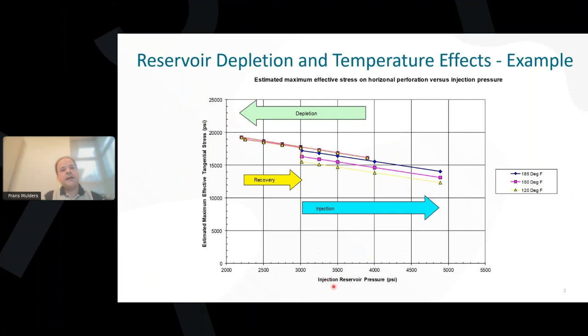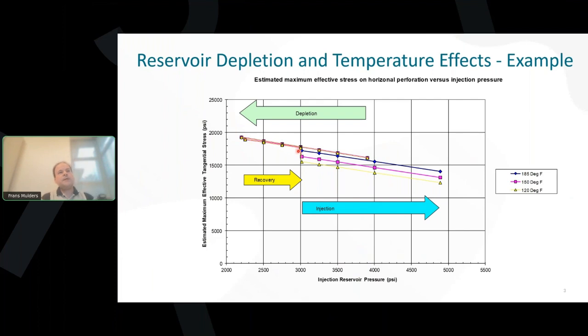Now, that's the x-axis. What do we see on the y-axis? There is a change: the estimated maximum effective tangential stress increases as the pore pressure goes down, and it decreases as the pore pressure goes up again.